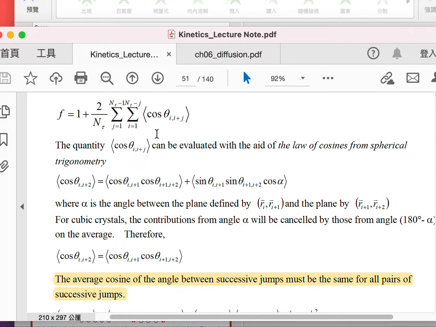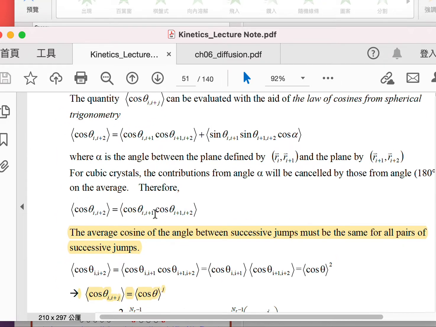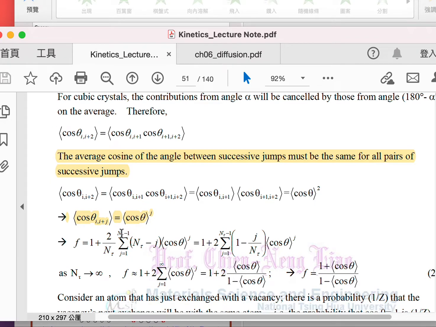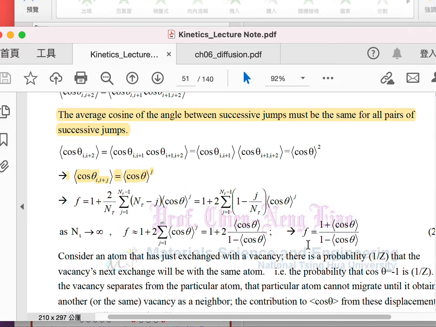And if I want to sum the average of cosine theta, then after the series derivation, you find that the average cosine theta term can be expressed like this, and after the series derivation you get F expressed like this.